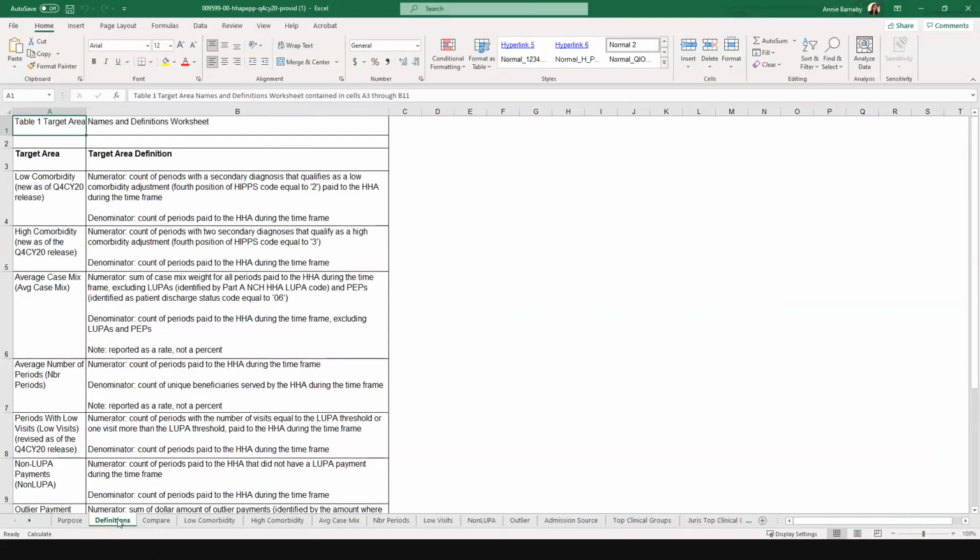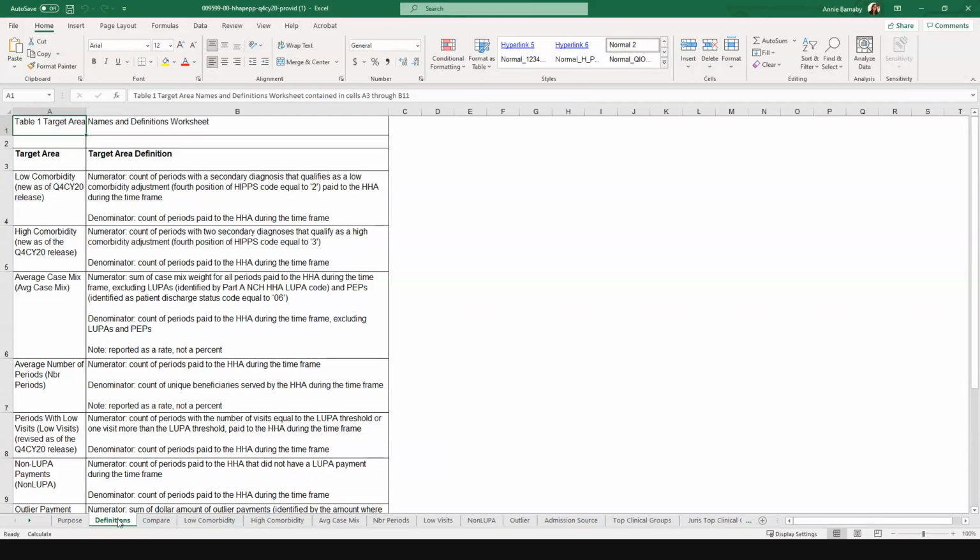This definitions tab has all that information for you listed here. And it does mark those new target areas that we have within this Q4 CY20 PEPPER. But as I said, it also has these definitions. What goes into the numerator? What goes into the denominator? Which of these are reported as a rate? Which are reported as a percent?